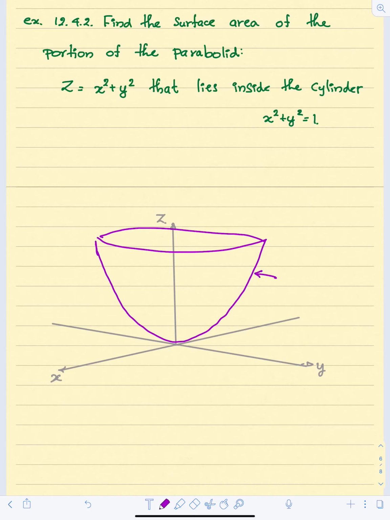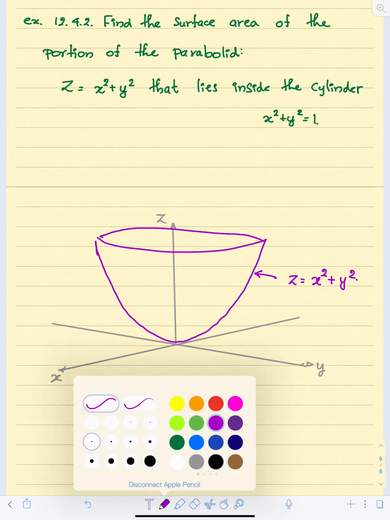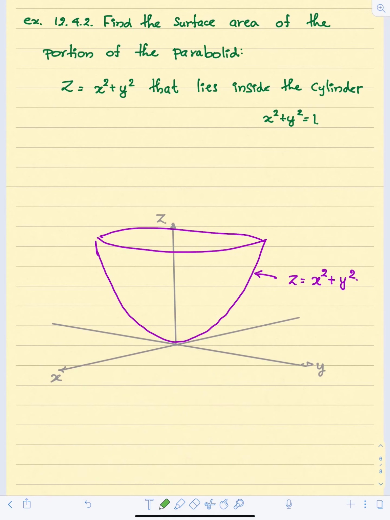This is the paraboloid z equals x squared plus y squared, and then we have a cylinder with radius 1.